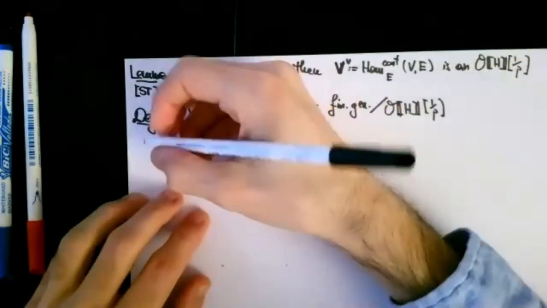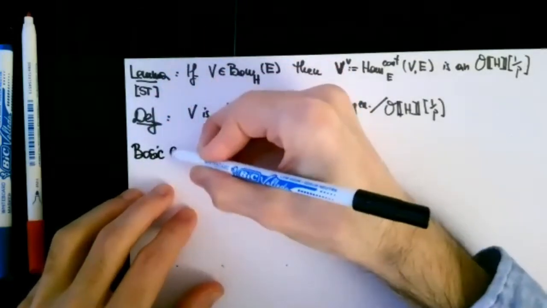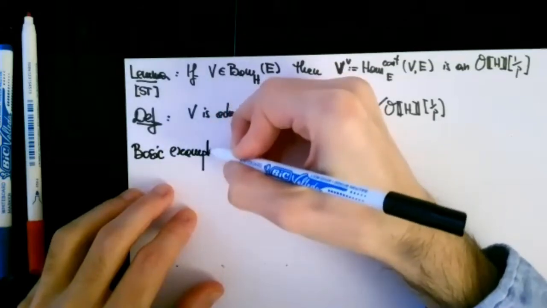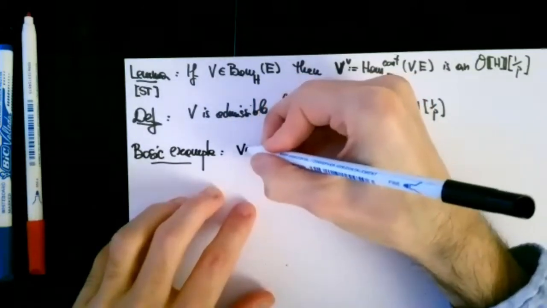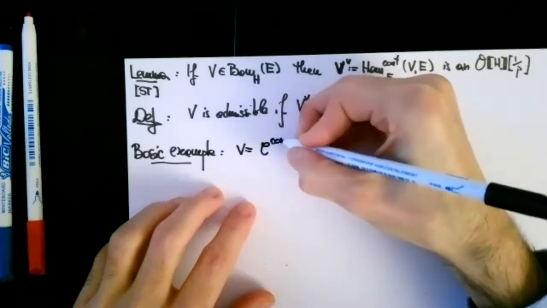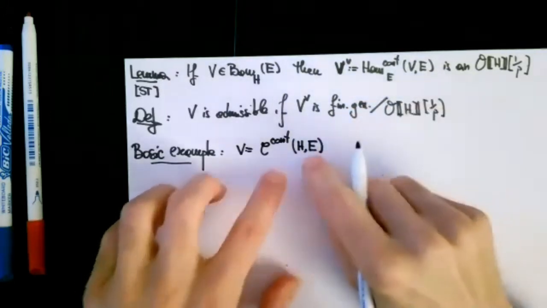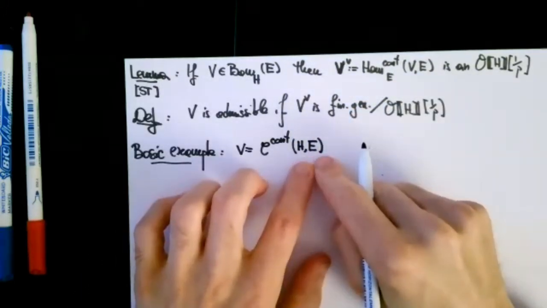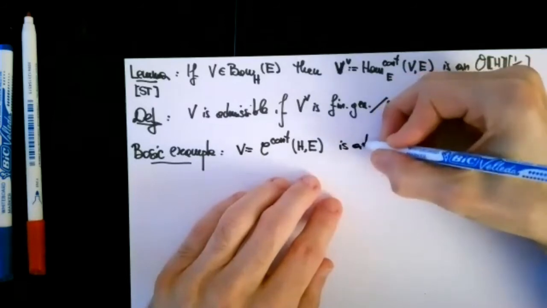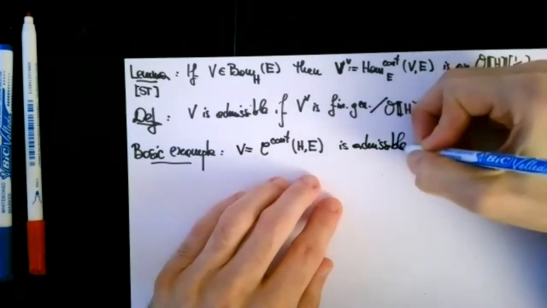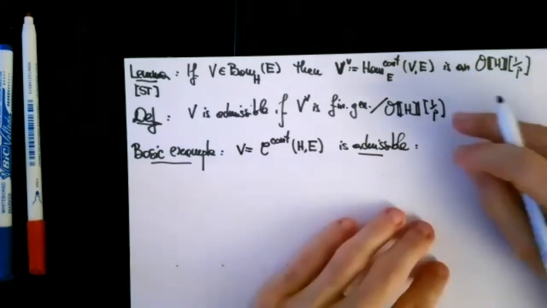And so the other basic example is the following: if I consider V, by definition, the space of continuous functions on H with values in E, with the sup norm and the right translation by elements of H, this is admissible because the dual is exactly the ring here.